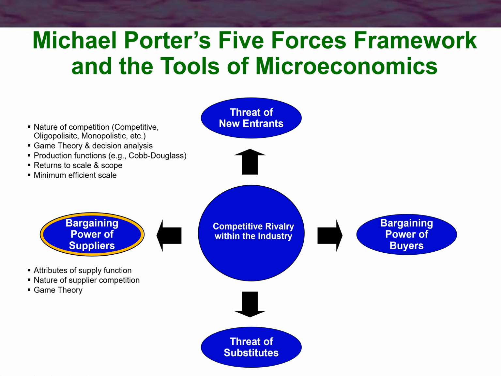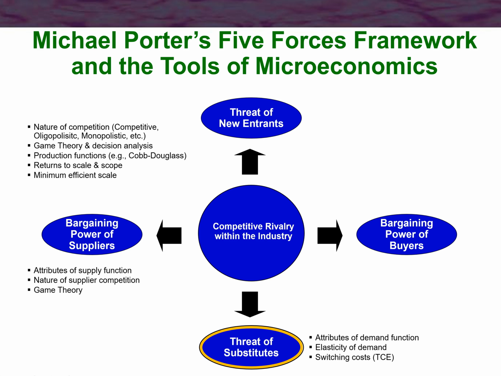What about bargaining power of suppliers? Well, that's an issue of supply and demand, as is threats of substitutes. We're talking about attributes of demand function, elasticity of demand, switching costs. These are elements we've discussed in class that has to do with this particular force in the 5 forces.